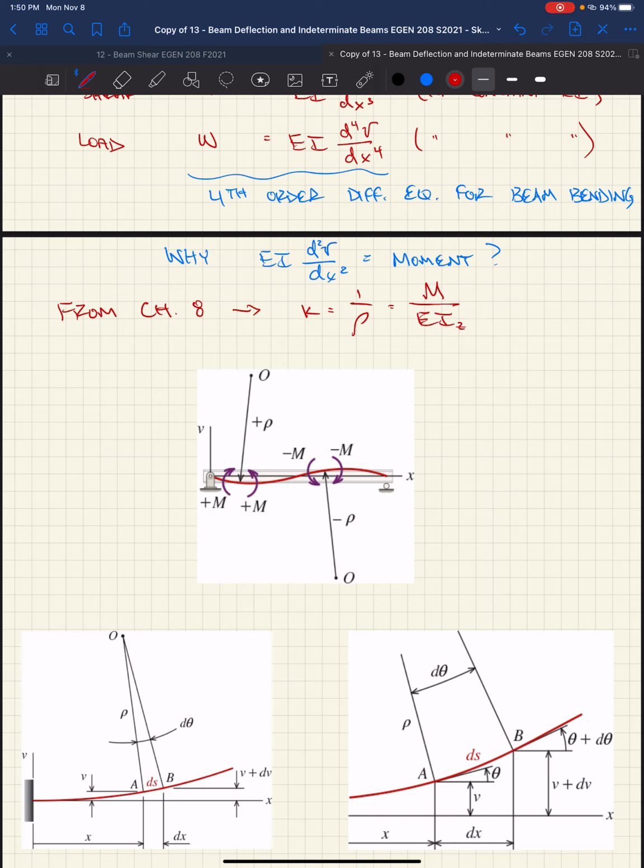We derive this equality, right? 1 over the radius of curvature equals k, which equals M over EI, right? And it's this portion that we're going to be interested in right here, right? 1 over the radius of curvature is the applied moment over EI, right?